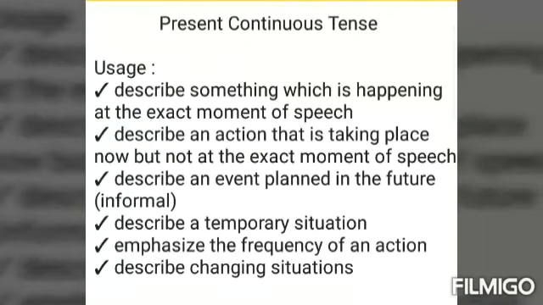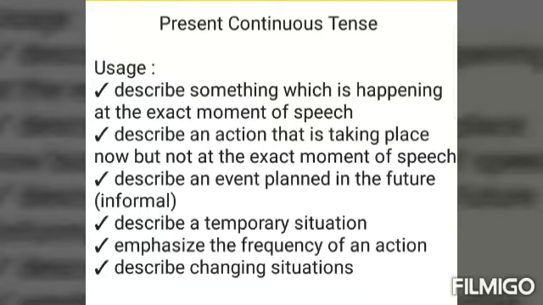See, present continuous tense. The uses of present continuous tense are: it describes something which is happening at the exact moment of speech. It also describes an action that is taking place now but not at the exact moment of speech.